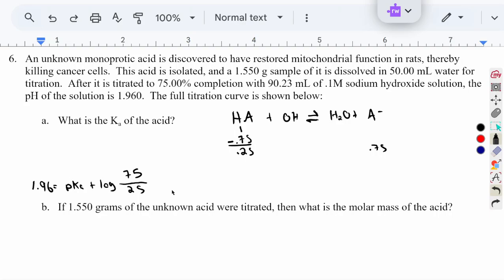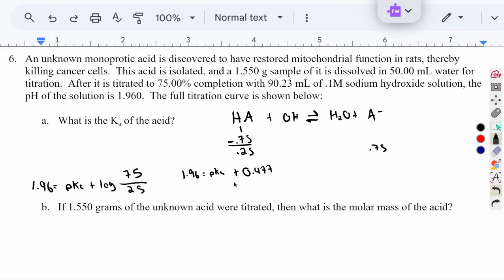Let's do that real quick. The log of that is equal to 0.477. So 1.96 is equal to pKa plus 0.4771212, whatever it is.